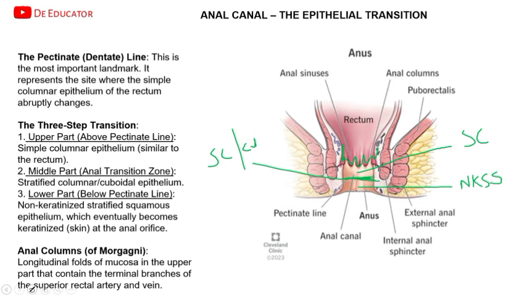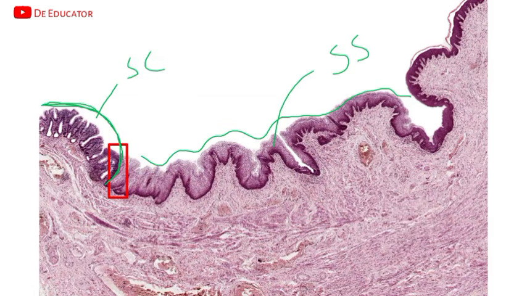If you go back to this slide, we have simple columnar, transiting to stratified squamous, non-keratinized. There's no keratin here. So if we look at this middle part, we can see stratified cuboidal or stratified columnar. This tells us that this is the rectoanal junction.